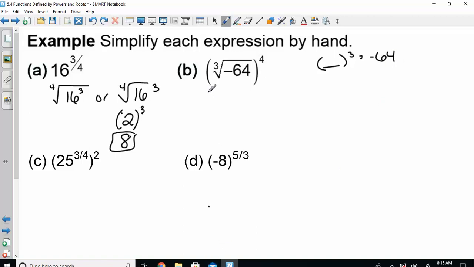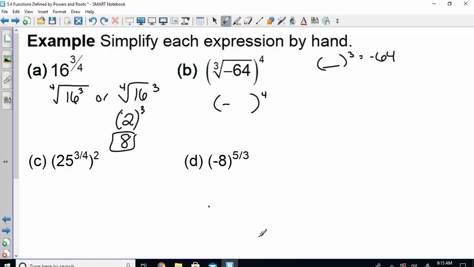First of all, would that number be a positive or a negative? A negative. You know, -2 to the 3rd would be -8. -3 to the 3rd would be -27. -4 to the 3rd, 4 times 4 is 16 times 4 is 64.